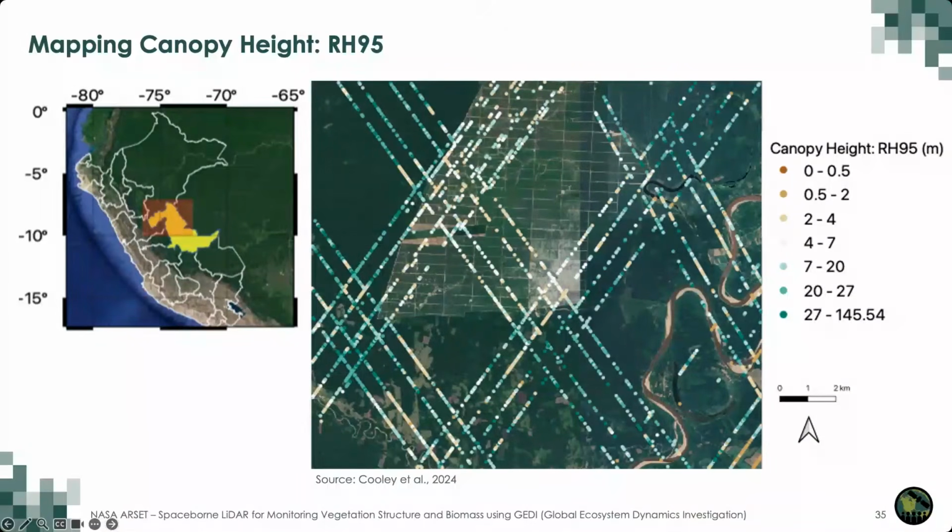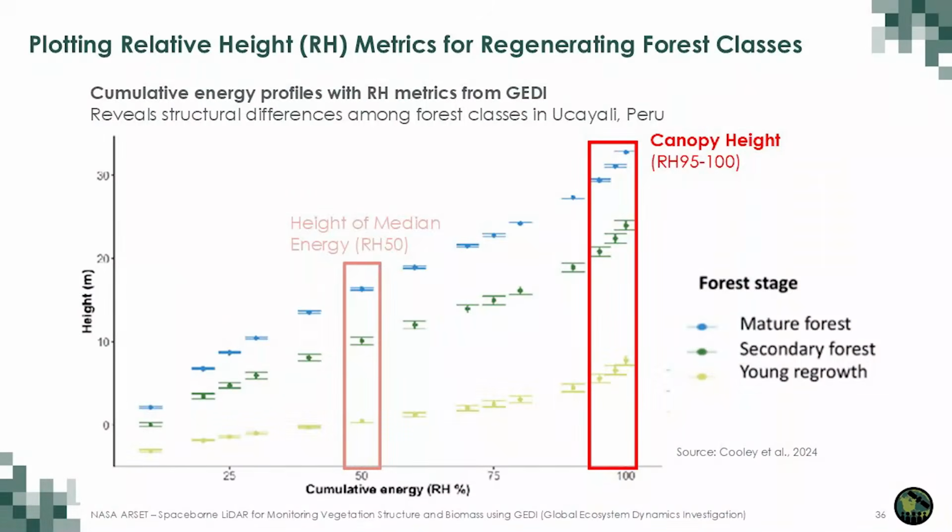This graph shows the mean and standard error of relative RH metrics in the cumulative energy profiles for different forest classes in Ucayali, Peru. We can see the mature forest class shown in blue, the secondary forest class in dark green, and the young vegetation regrowth, which is generally in areas of abandoned pasture lands, that is shown in light green.